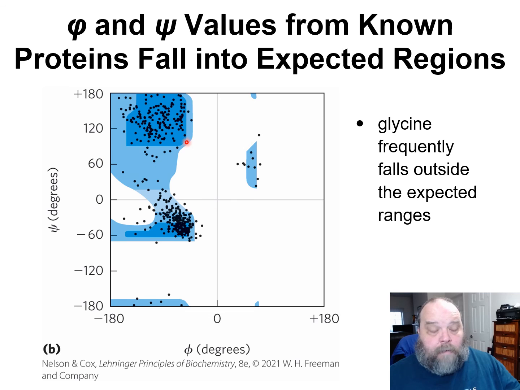You take some polypeptide. I don't remember what they said this polypeptide was, they say it in the figure legend in the textbook. And they went amino acid by amino acid. And you see quite a few fall down here, which, if you remember, are right-handed helix.